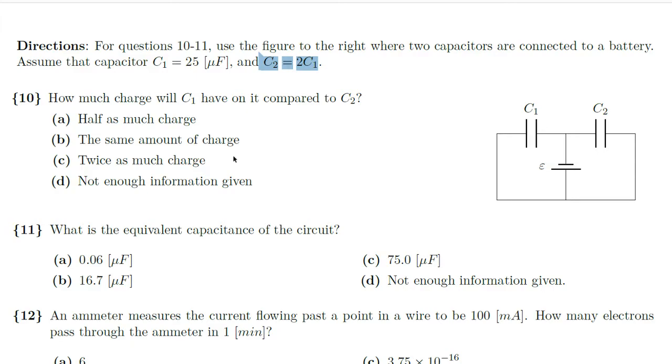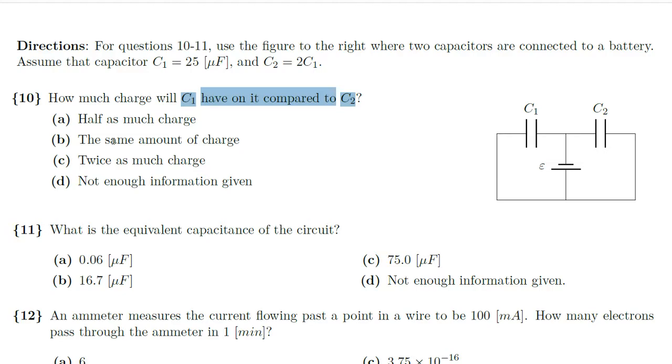So with that, consider the amount of charge on C1 compared to the amount of charge on C2. The answers are all pertaining to the exact comparative amount. Half as much, the same, twice as much, or if you think there's not enough information.